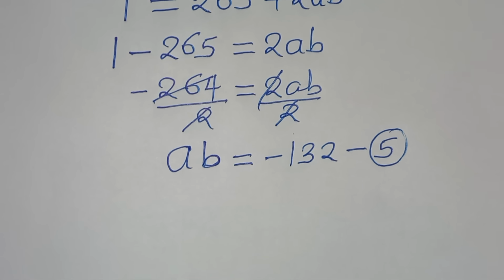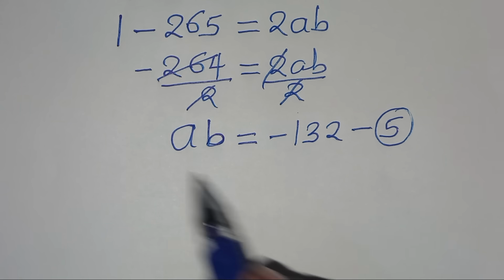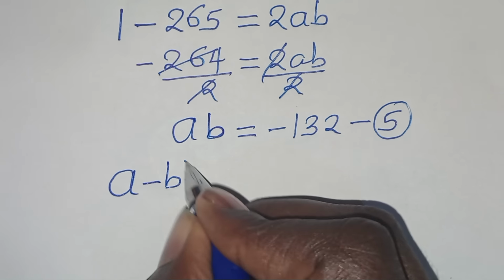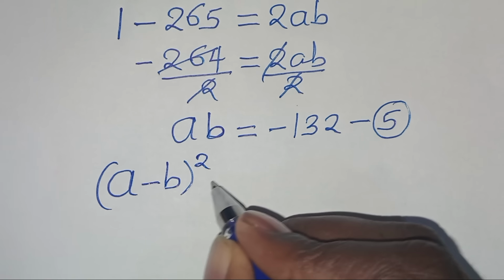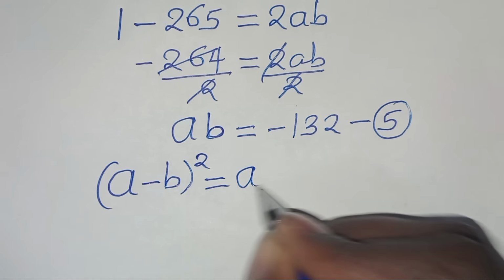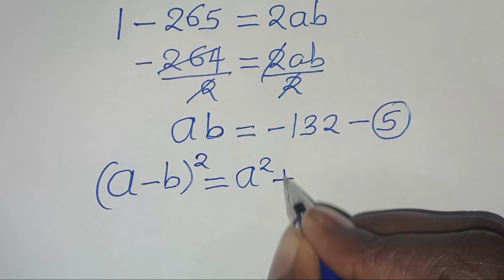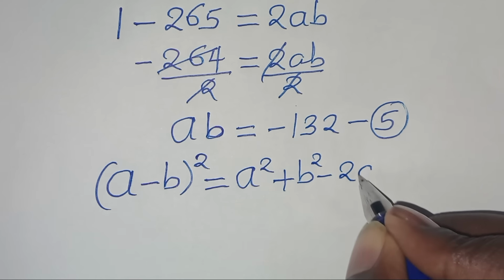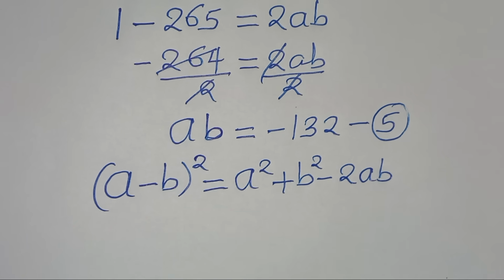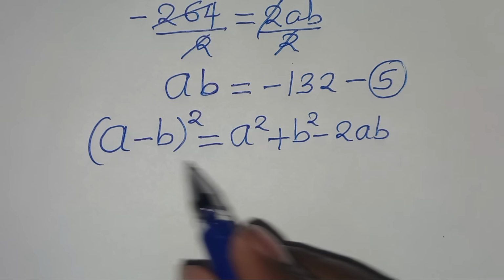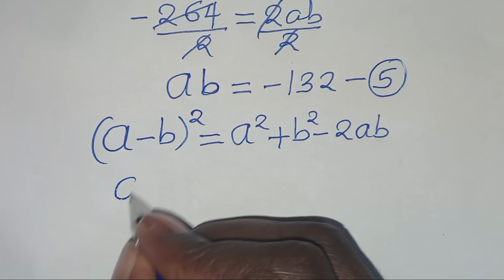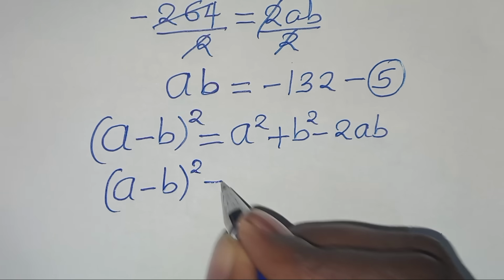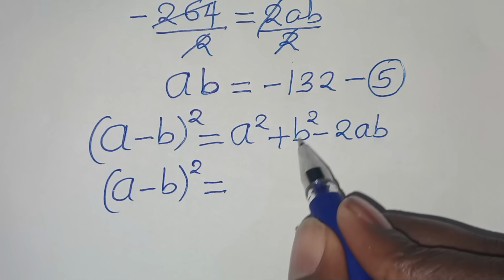Now, again from the algebraic identity, we know that a subtract b raised to the power of 2 is the same thing as a to the power of 2 plus b to the power of 2 subtract 2 times ab. So this implies that a subtract b raised to the power of 2 is equal to a squared plus b squared.